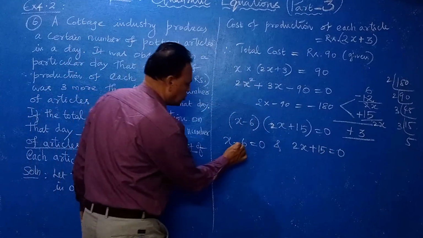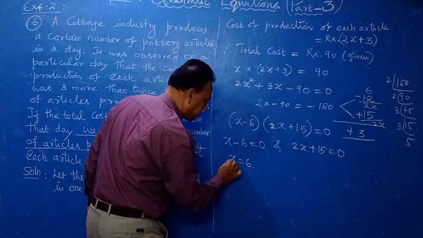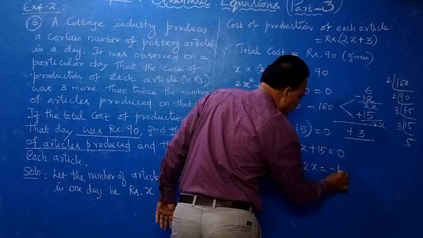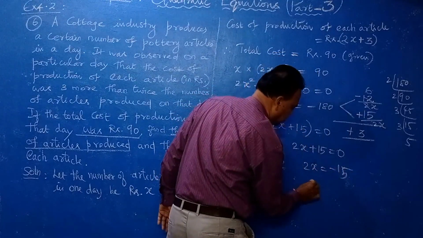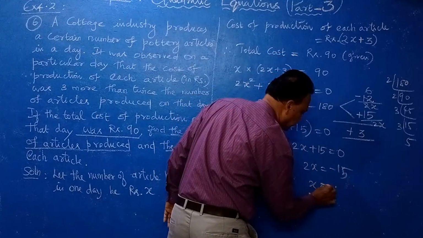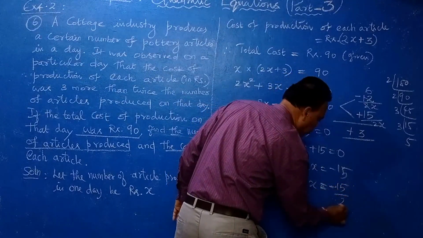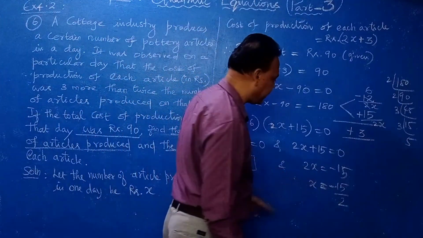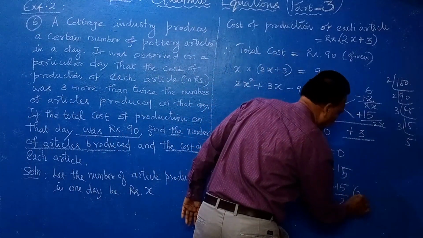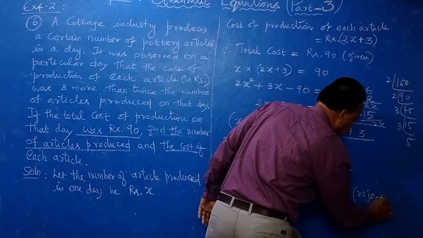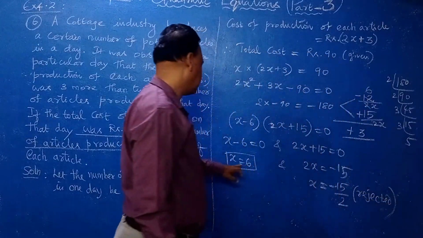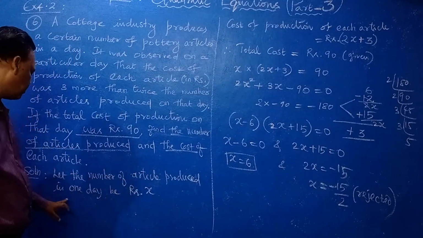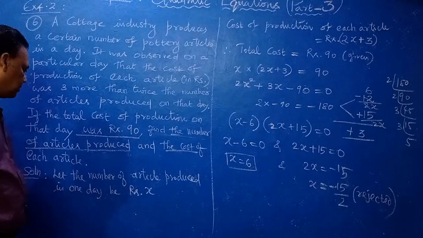Therefore x is equal to 6, and 2x is equal to minus 15, so x is equal to minus 15 by 2. Here the negative value is rejected because the number of articles cannot be negative. Let the number of articles produced in one day be x.